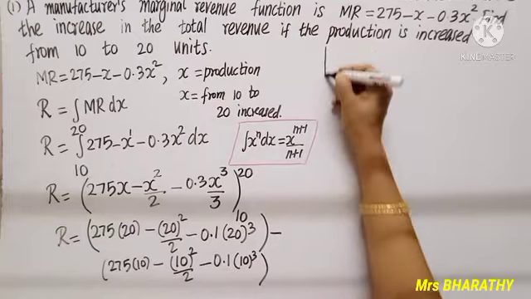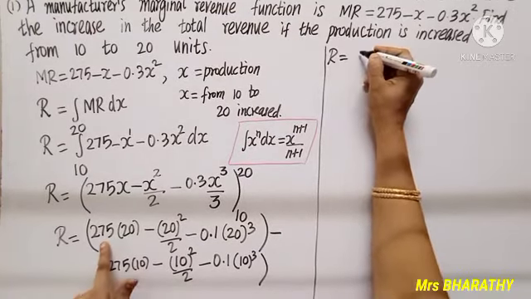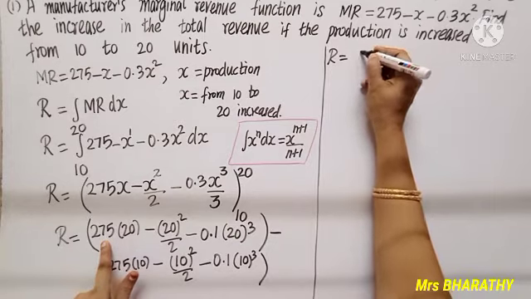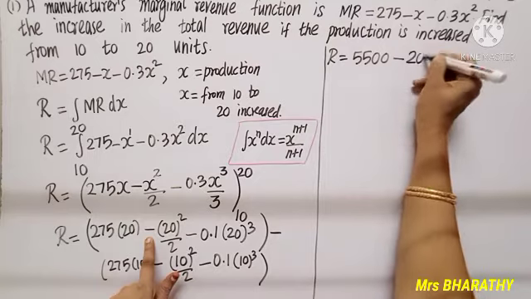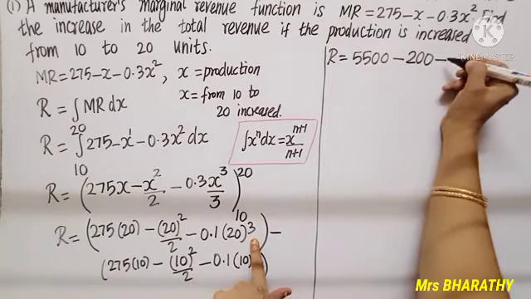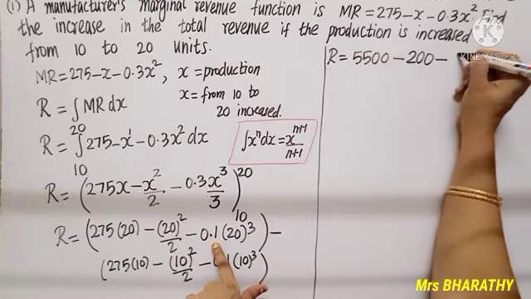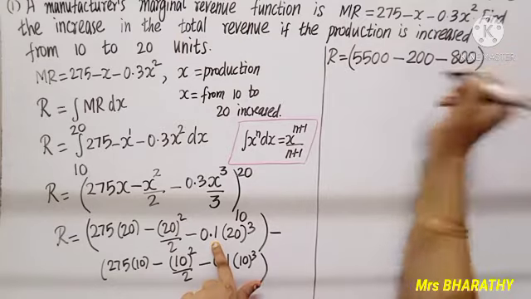As we use the calculator and simplify, it is 5500 minus 200 minus 20 cube is 8000 into 0.1, 800. This is the upper limit.